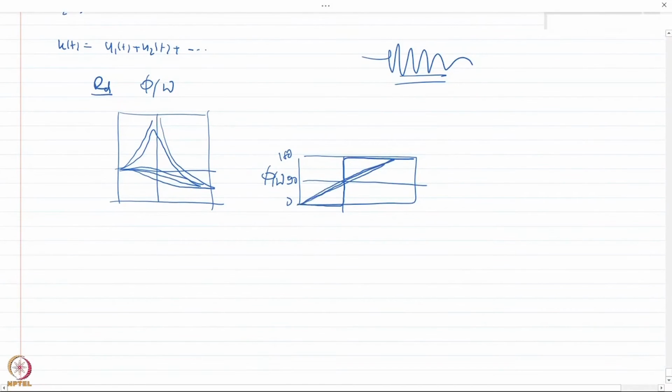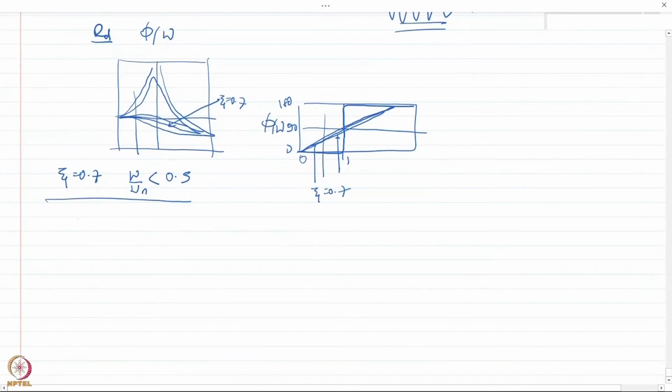If my damping is 0.7, and omega by omega n is smaller than 0.5, and if the middle curve here is zeta equal to 0.7, let us say this is 0 1, then for these conditions, my RD is approximately equal to 1, and phi by omega is actually linear.